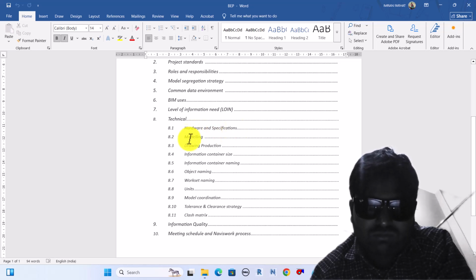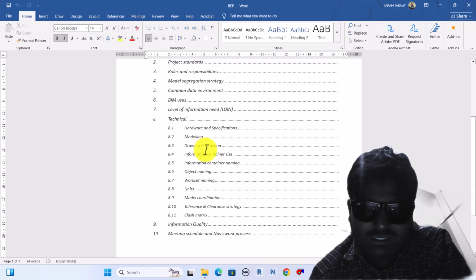The second is modeling, the third is drawing production, the fourth is information container size, the fifth is information container naming, the sixth is object naming, workset naming, units, model coordination, tolerance and clearance strategy, and the eleventh is class matrix. So in technical content, everything is explained in the BEM execution plan.